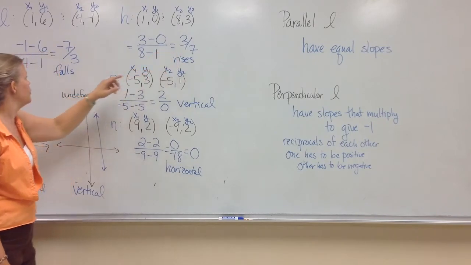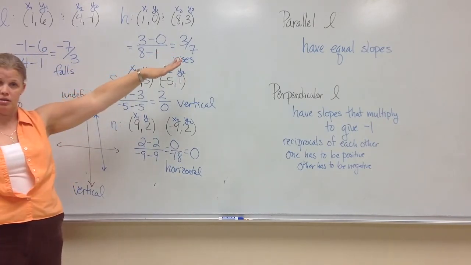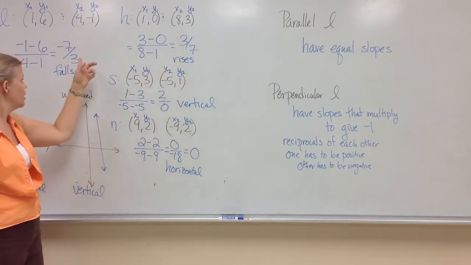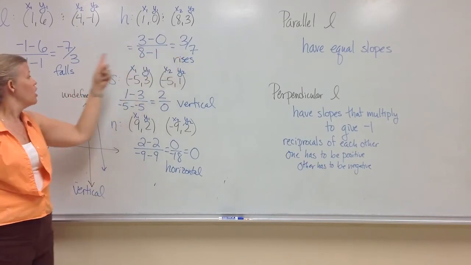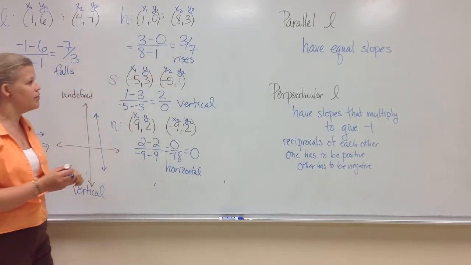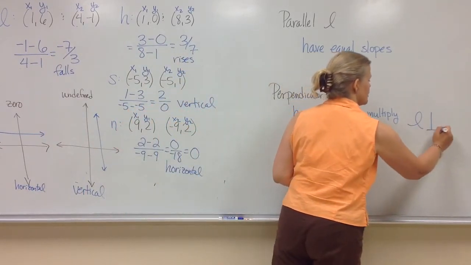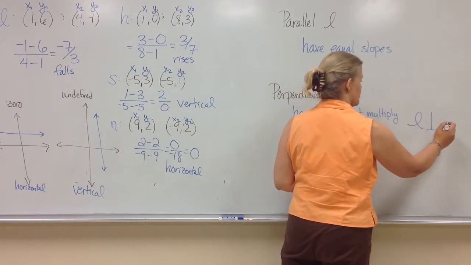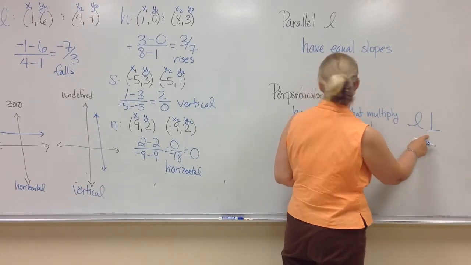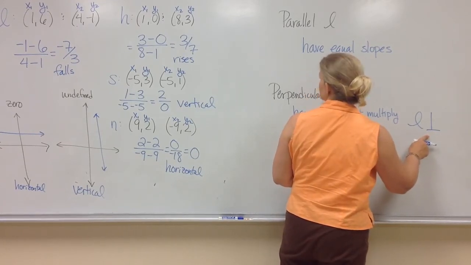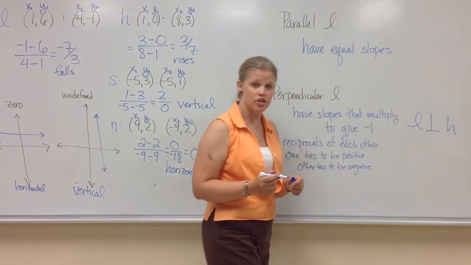No. But if you notice, do you see anything else? Oh, they're kind of flipped. Oh yeah, so they're reciprocals. One's negative and one's positive. So we can say that line L would be perpendicular. That's my abbreviation for perpendicular. That's what perpendicular looks like. Line L is perpendicular to line H.